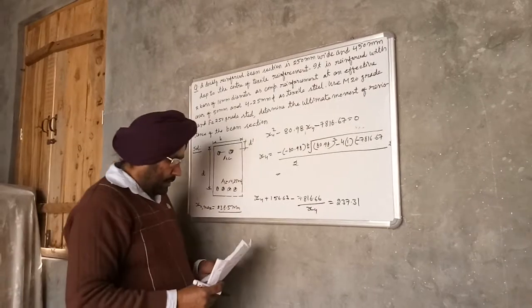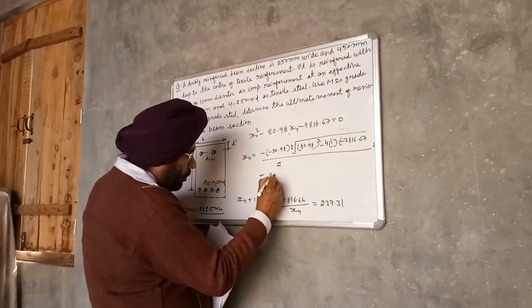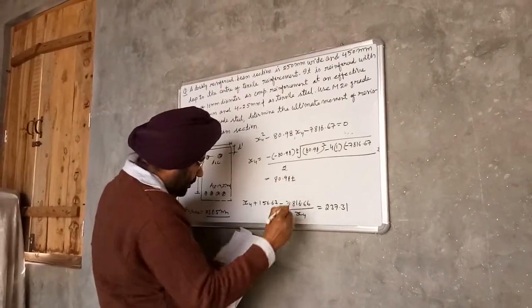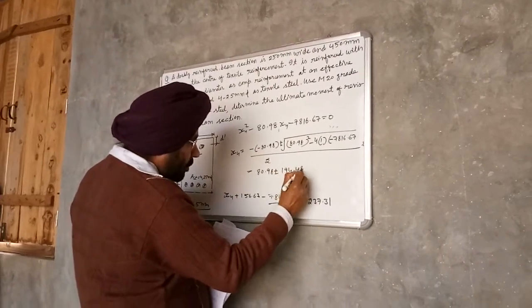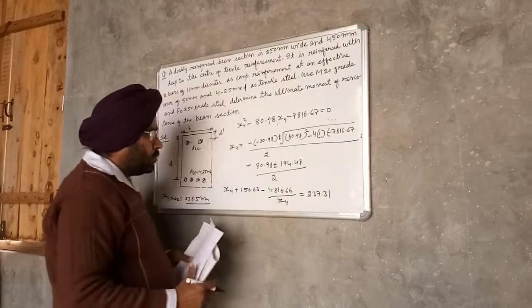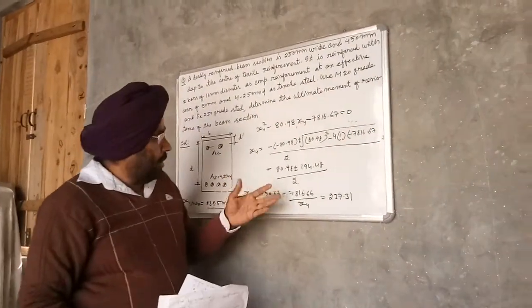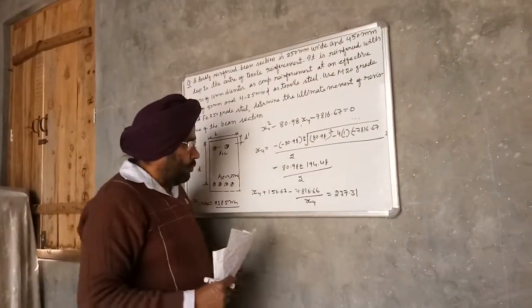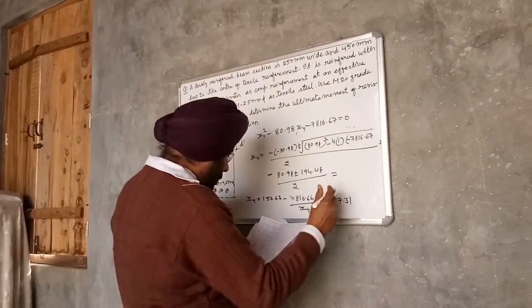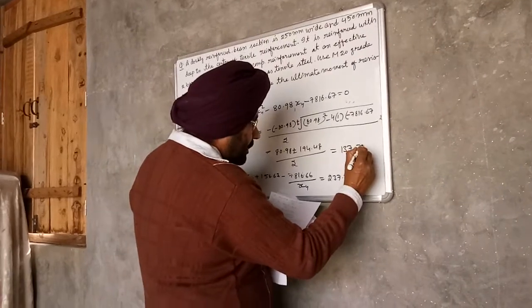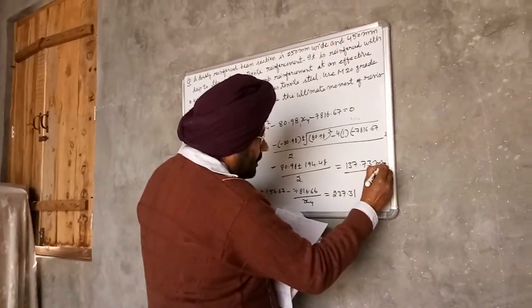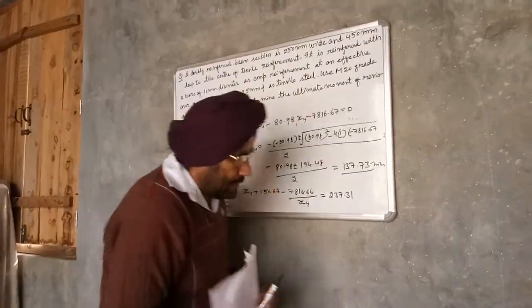We get 80.98 plus minus 194.48 upon 2. Taking the positive value, we get XU is equal to 137.73 millimeter. This is the actual depth of the neutral axis XU.